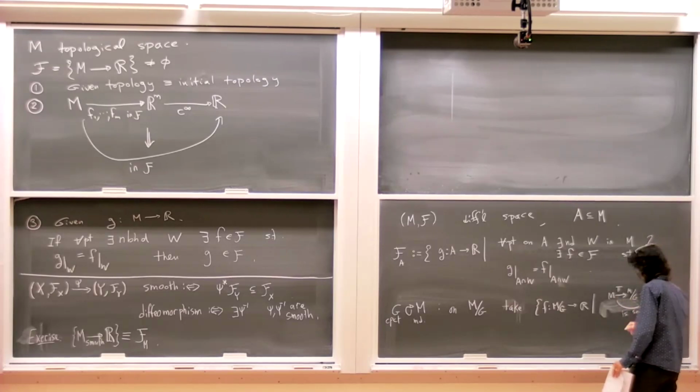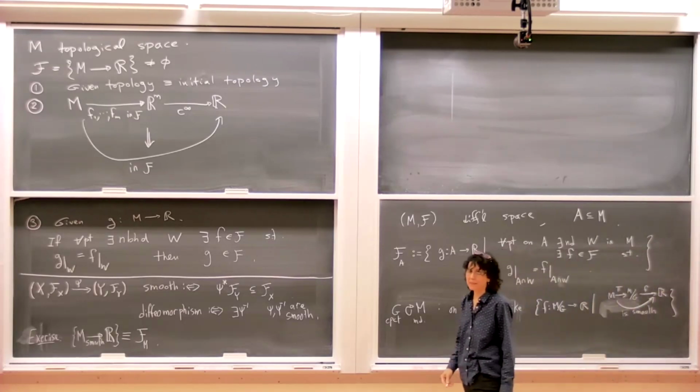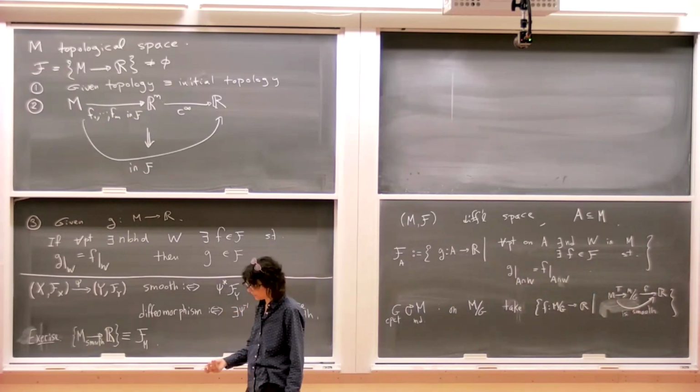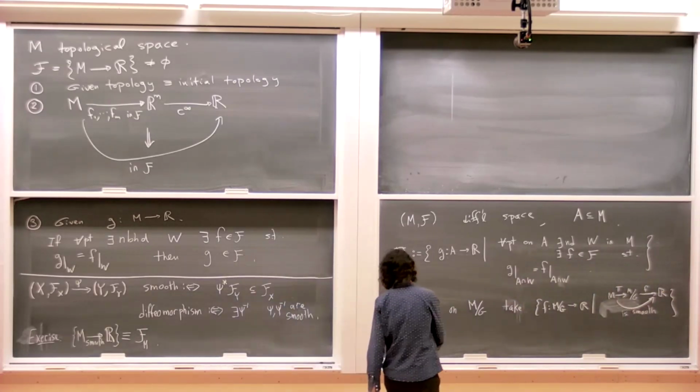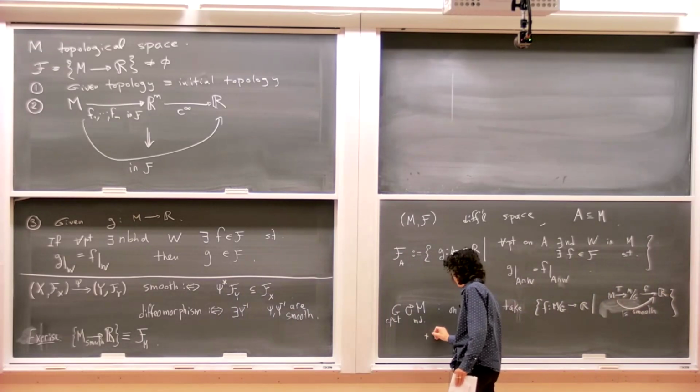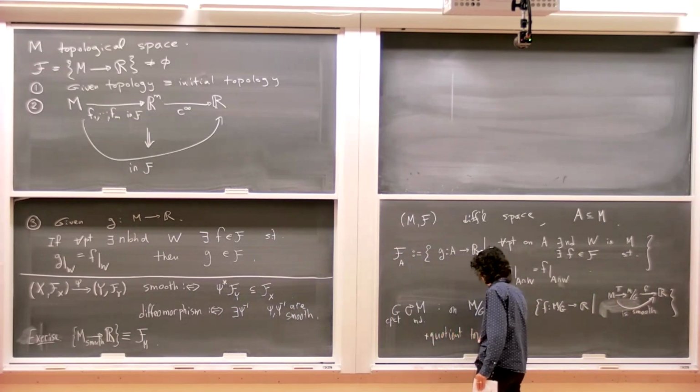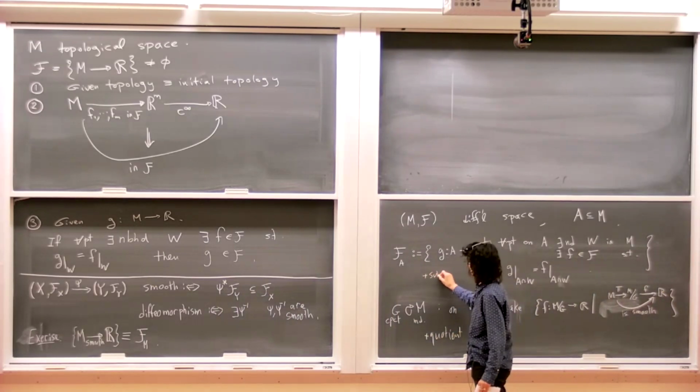And this is a differential space. This is a differential structure. It satisfies the axioms. And we have here the quotient topology. And previously, we had the subspace topology.